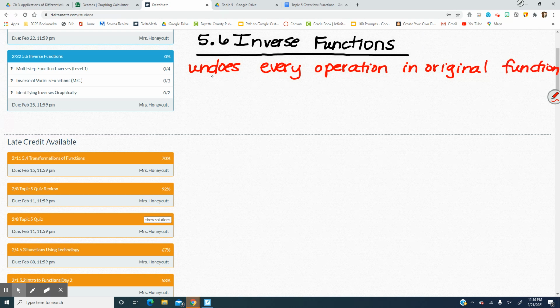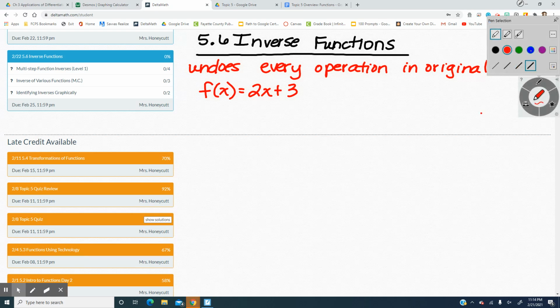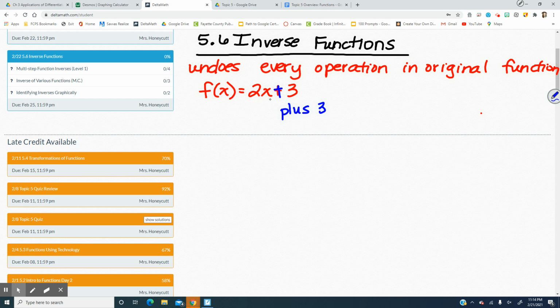So let's take this function right here, f of x equals 2 times x plus 3. Let's think about the operations in this function. The first operation that I can see right off the bat is the plus 3. When I say operation, I'm talking about add, subtract, multiply, or divide.